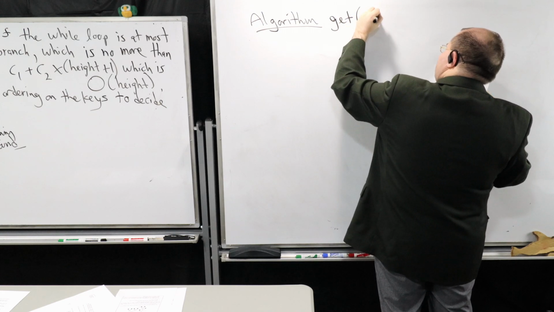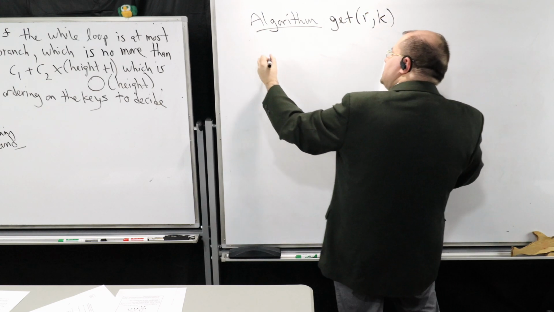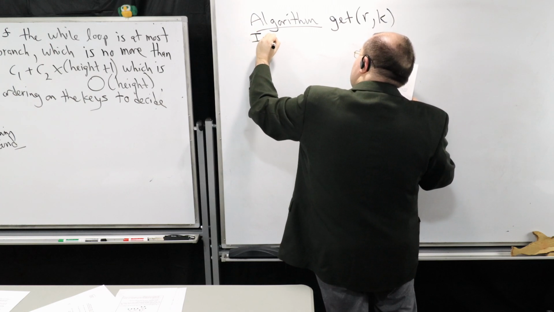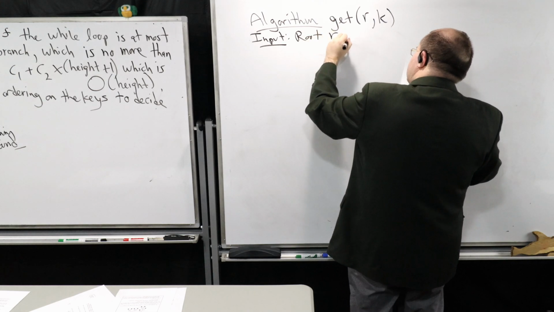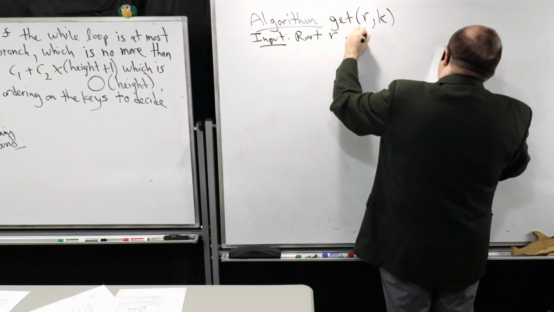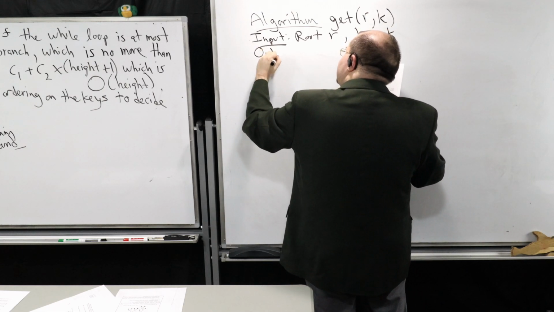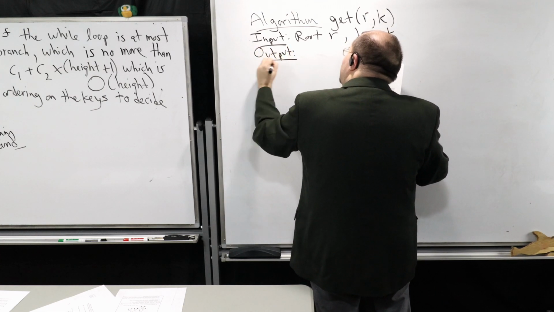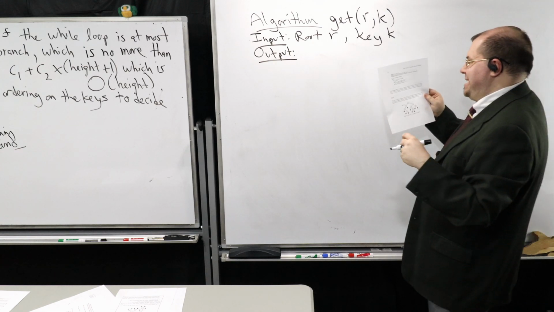So I'm going to have it where I get a node and this key. As input, I'm going to give you the root R and a key K. In particular, I'm interested in getting the node with the record with key K.